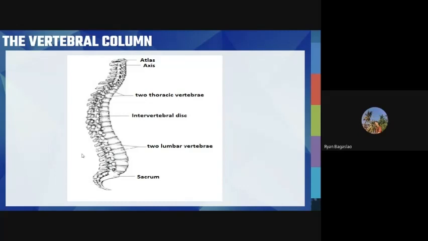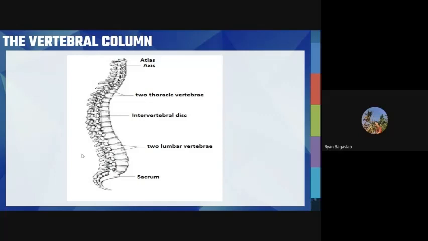Then after that, there are 12 thoracic vertebrae. It is not specified here, but for sure these are the thoracic vertebrae. And then there is the intervertebral disc, which connects the bones.